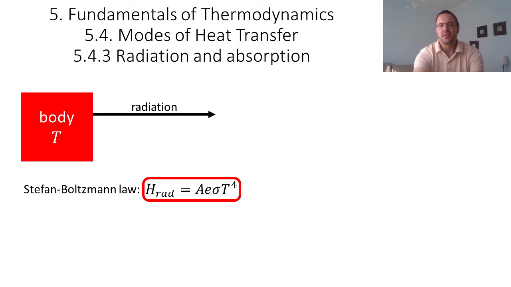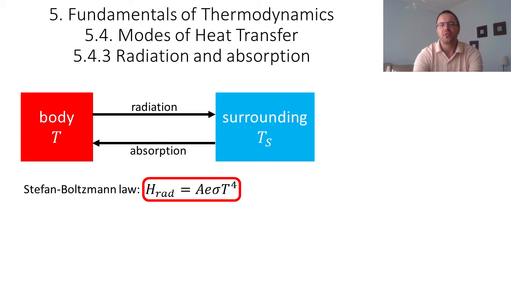Now, every body at a temperature T radiates energy following the Stefan-Boltzmann law. But if a body radiates energy, then it is losing energy, and its temperature should then be decreasing. But at the same time, the surrounding also radiates energy, and some of it is absorbed by the body.